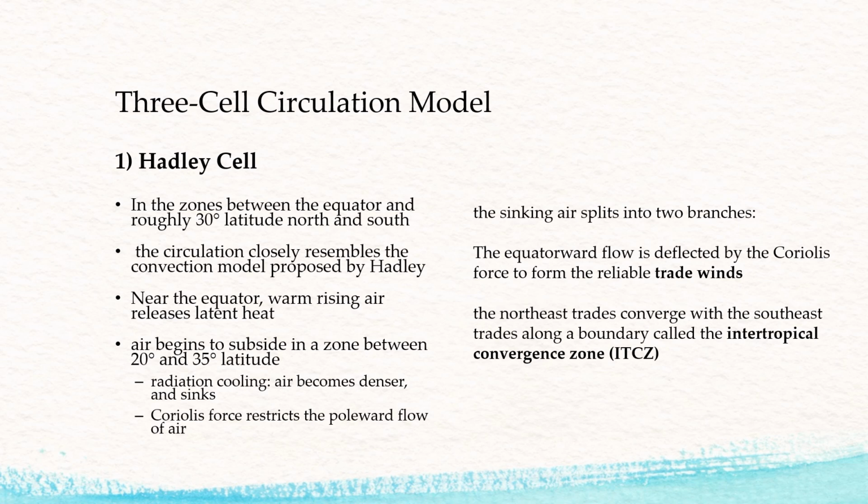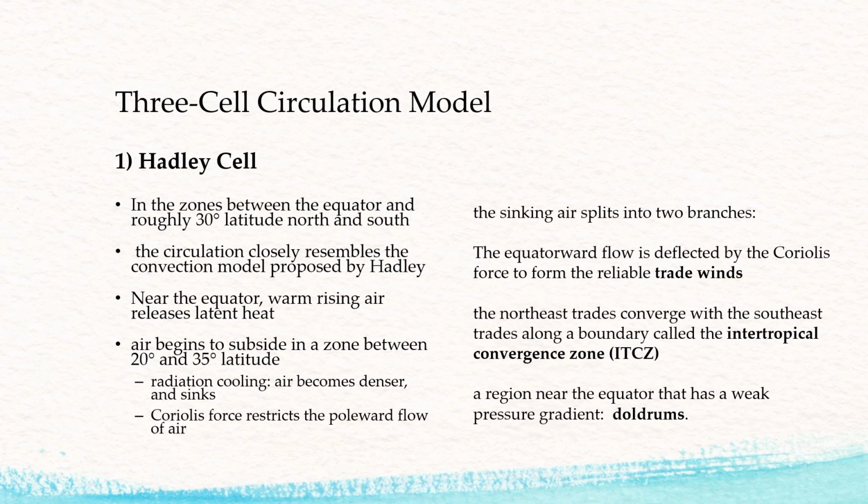And these northeast trades converge with the southeast trades along the boundary that we call the ITCZ, or the Intertropical Convergence Zone. This zone is sometimes called the doldrums, because in the Intertropical Convergence Zone, there is a region near the equator that has a weak pressure gradient.